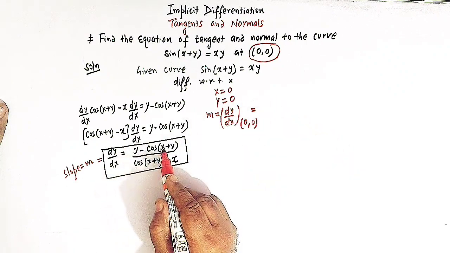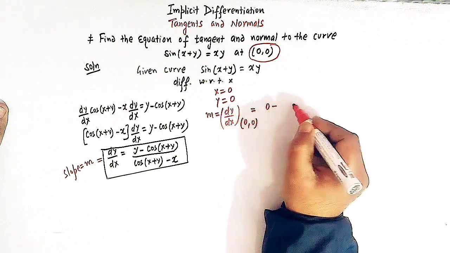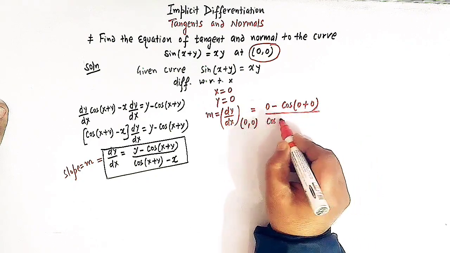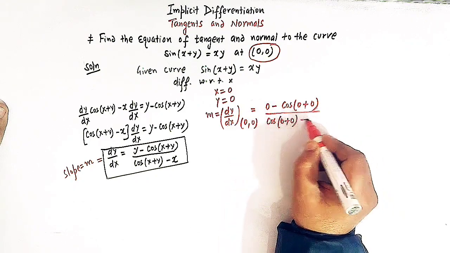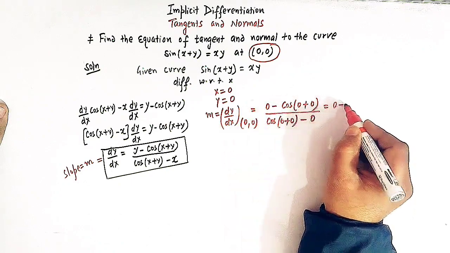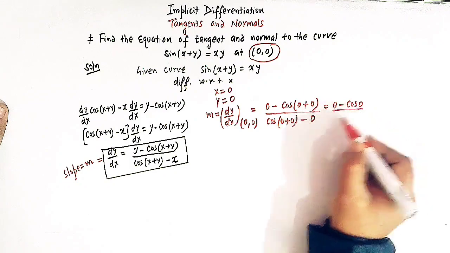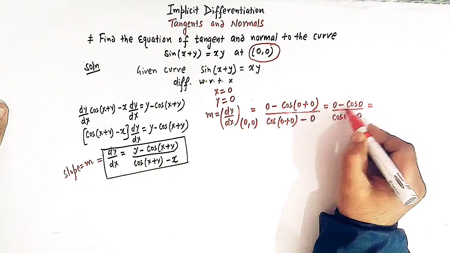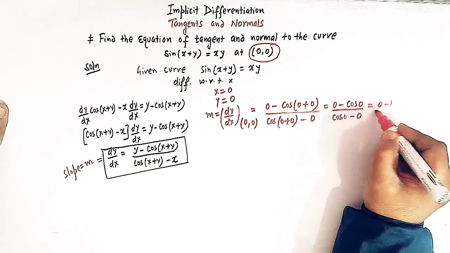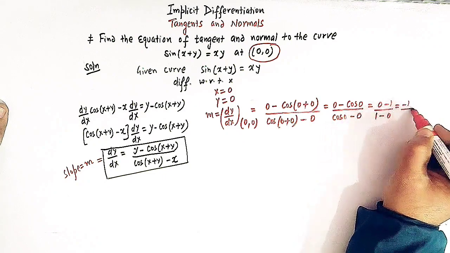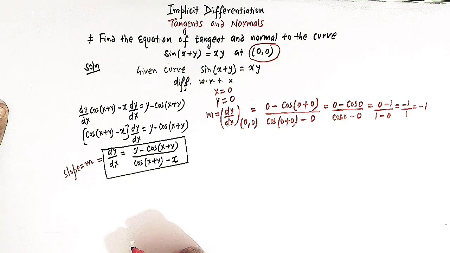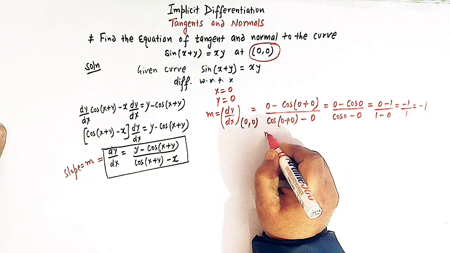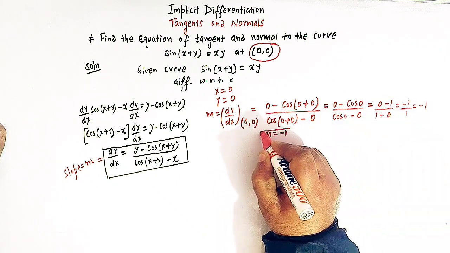Taking x = 0 and y = 0, we have 0 minus cos(0 + 0) over cos(0 + 0) minus 0, and cos 0 is 1, so we have (0 - 1) over (1 - 0), that is -1 over 1, that is -1. So the slope of the tangent at the point (0, 0) is -1, right?